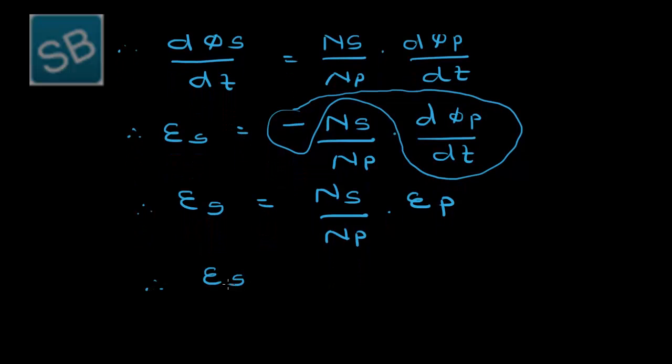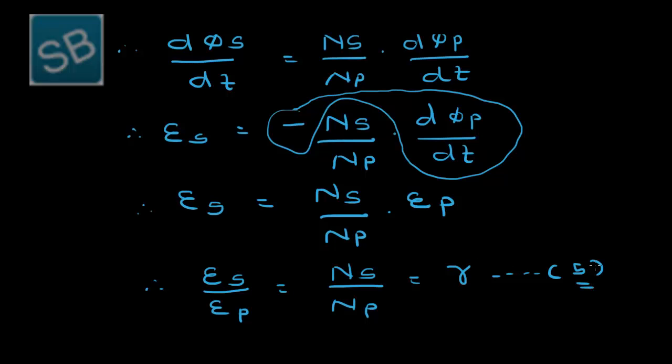And now the ratio of induced EMF from secondary to primary is also related to the number of turns in the secondary to primary. Now this is a constant number, and for this constant I am denoting it as a small r. So this is my equation number 5. Now, how can you define the value of this constant?